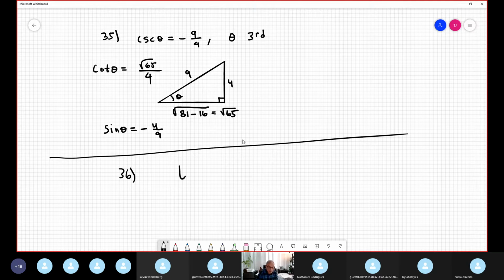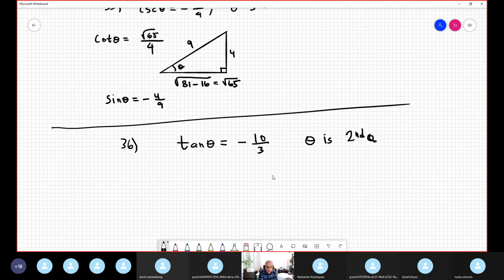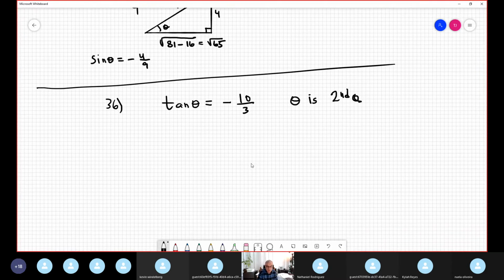Number 36. Tangent theta is given as negative 10 over 3, and theta lies in the second quadrant. Nice. Okay. Therefore, immediately I do my famous triangle, always the same sketch. 90 degrees here.